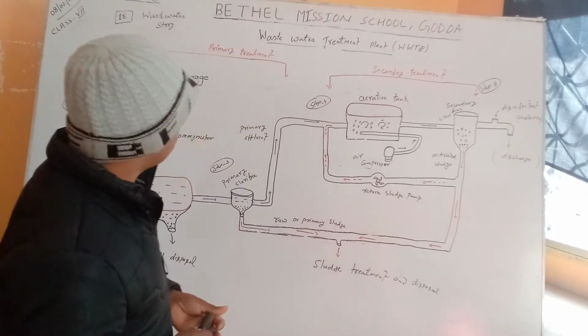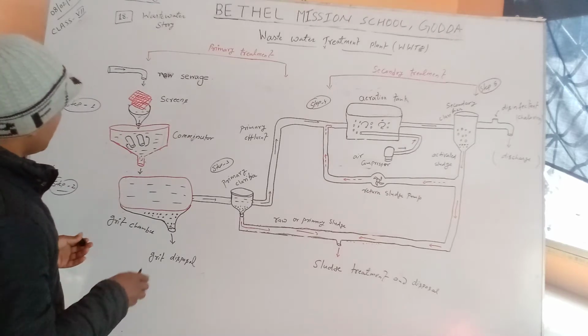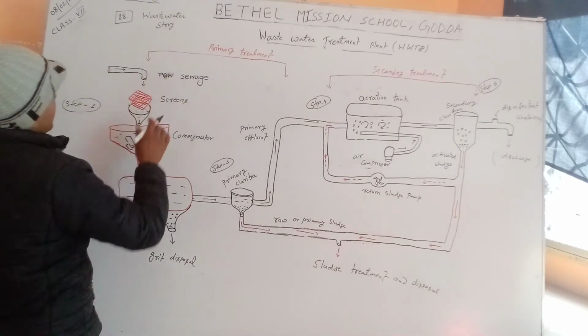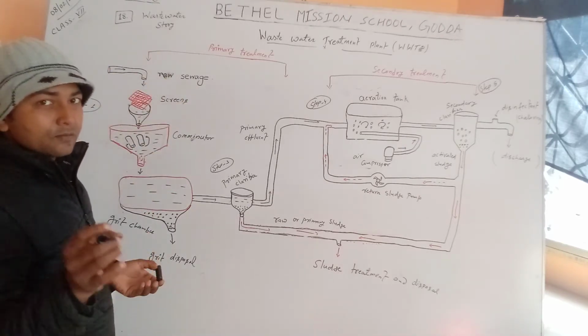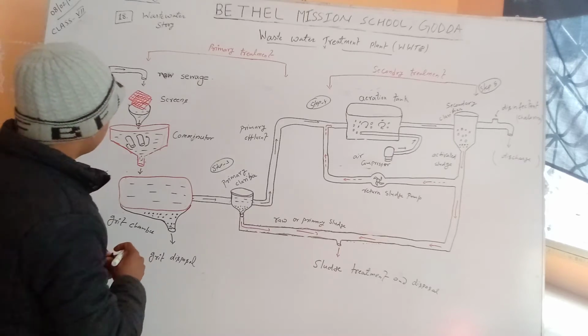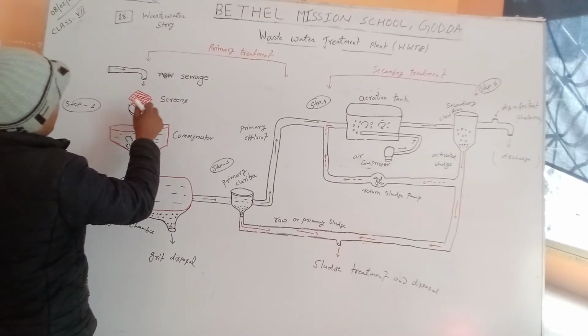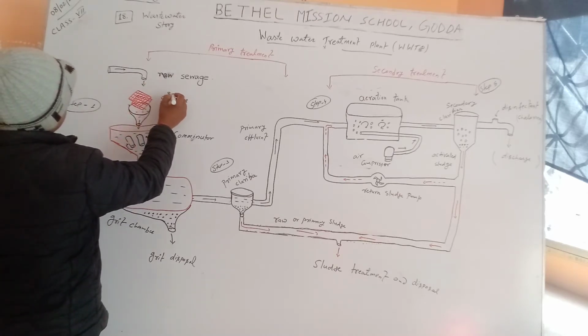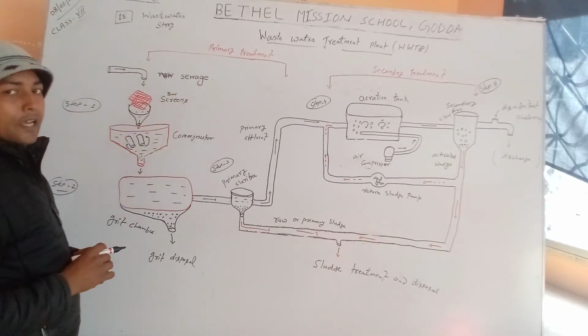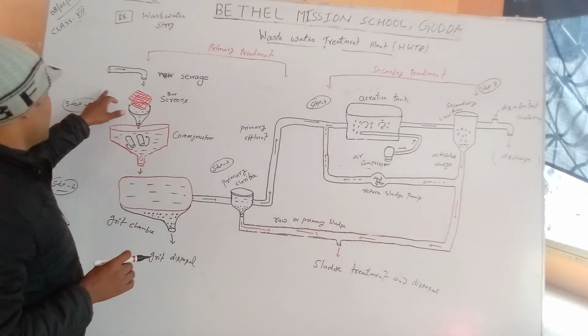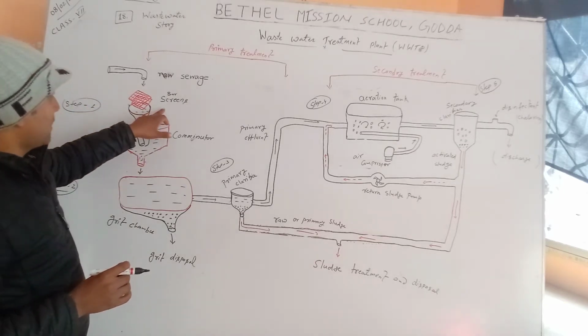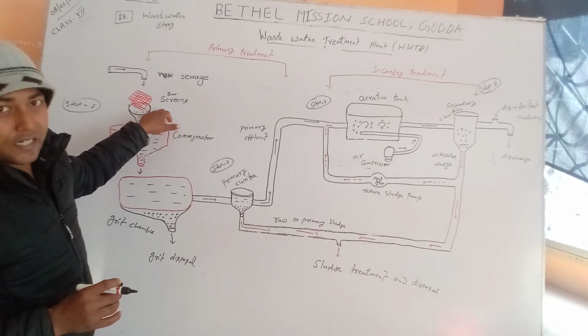Okay, so first the sewage, which means dirty water, is passed through a bar screen. Okay, first step, the water is passed through the bar screen.